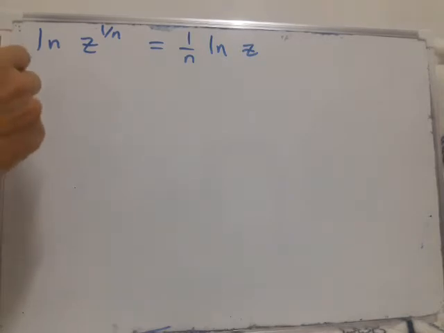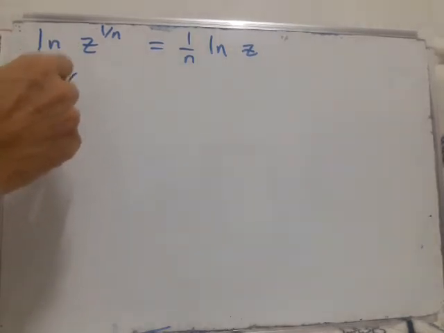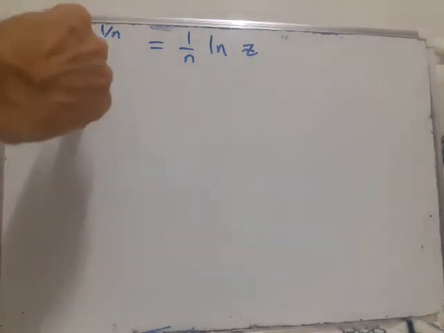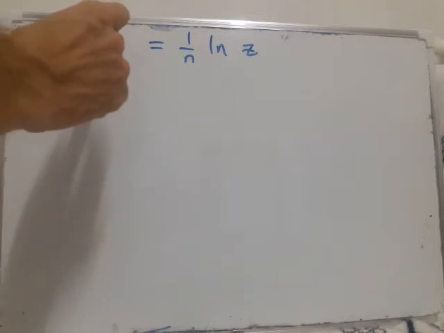So we've got log of, and then we'll write our z as r e to the i theta. Then it's raised to the power 1 over n.